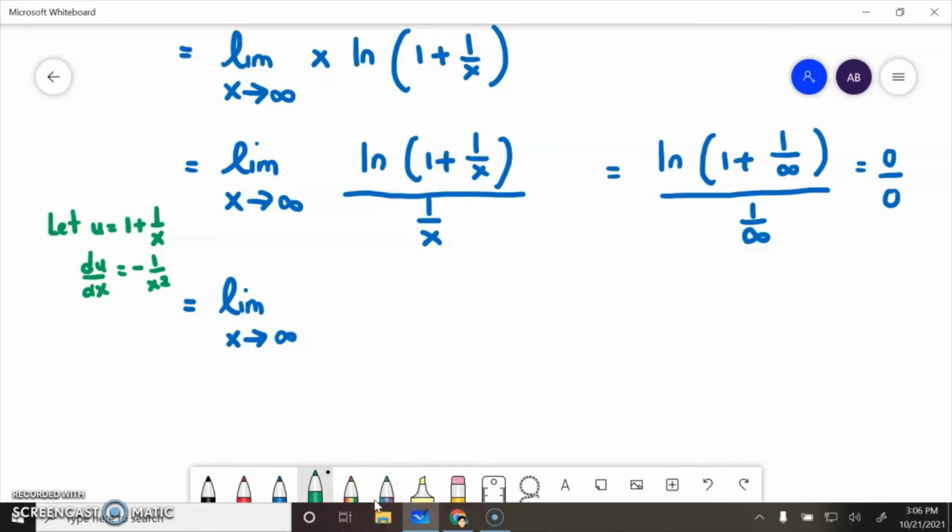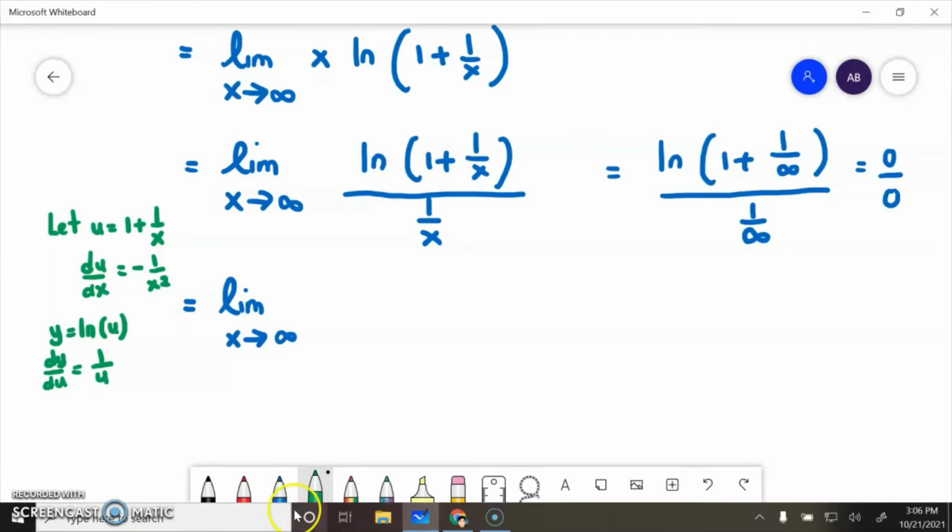Now, what you have is ln u. So y equals ln u, so dy/du is 1 over u, where u is 1 plus 1 over x.